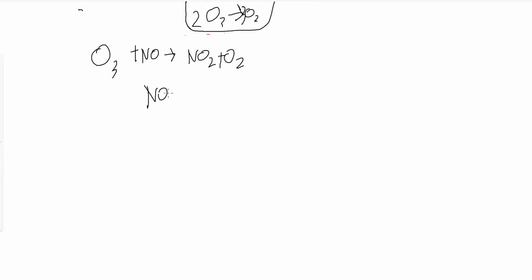Now, we can write another elementary reaction for this: NO2 plus O3 turns into NO plus 2O2. This is another elementary reaction. And in fact, these are both related.